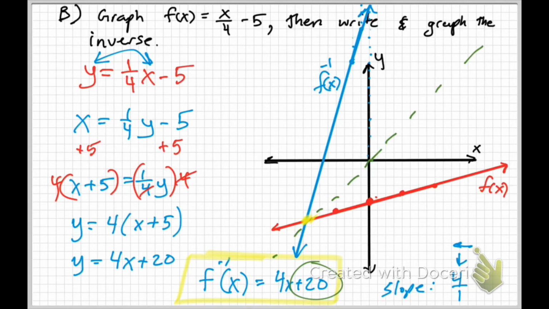Last thing I want to review is, let's say you had a function like this. Actually, 2 more things we're going to go over really quick. Negative 1/2 x plus 1.